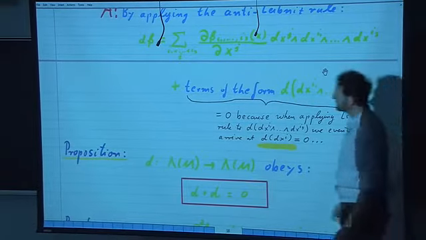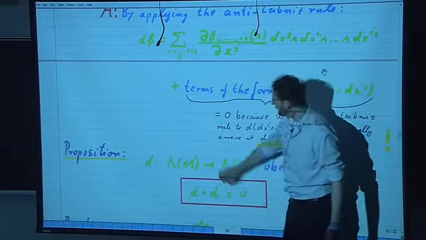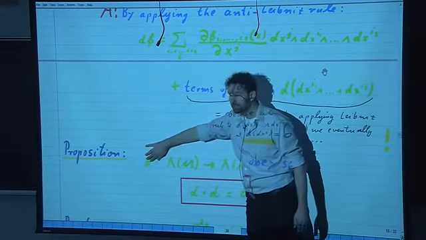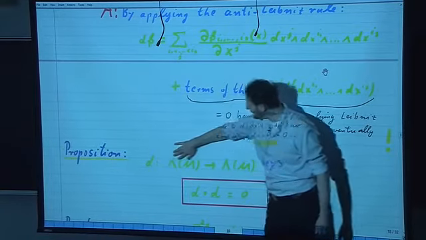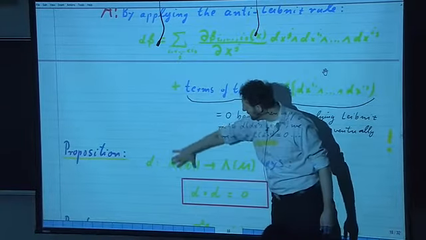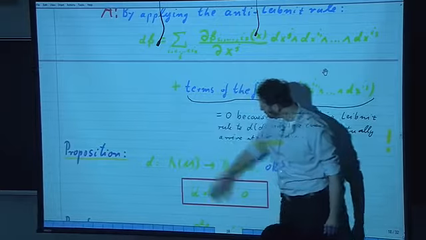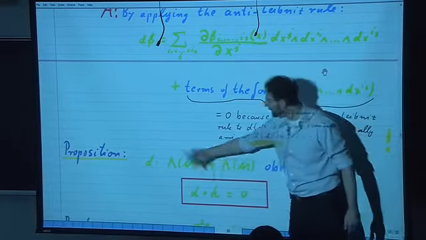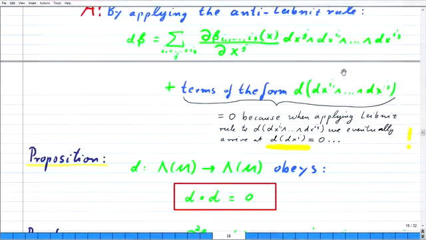Now, an important proposition here is that the exterior derivative, when acting on any arbitrary differential form, gives us a differential form which, when you apply d again to it, is 0. If you apply the d twice, you always get 0.